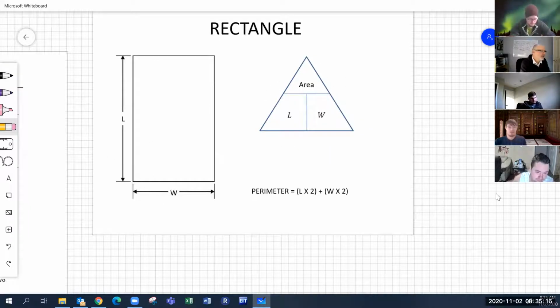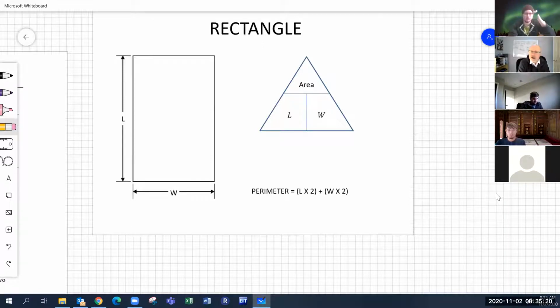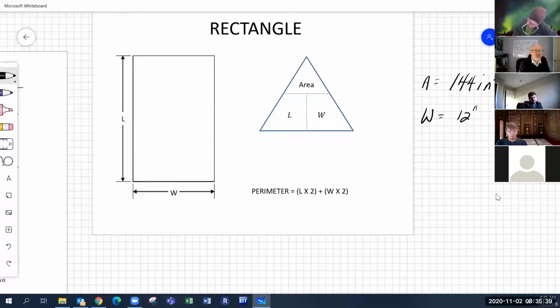Okay, so let's do a couple of examples. If I had an area of 144 inches squared, so the area equals 144 inches squared, and I had a width of 12 inches, what is my length? This is the question mark.